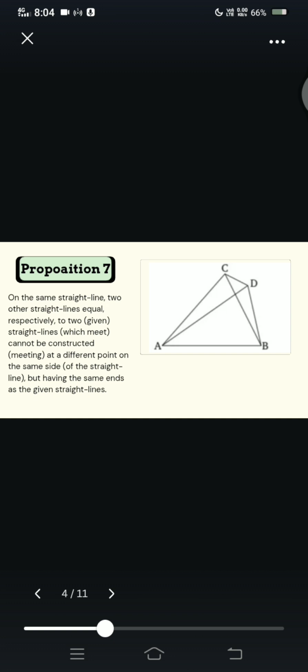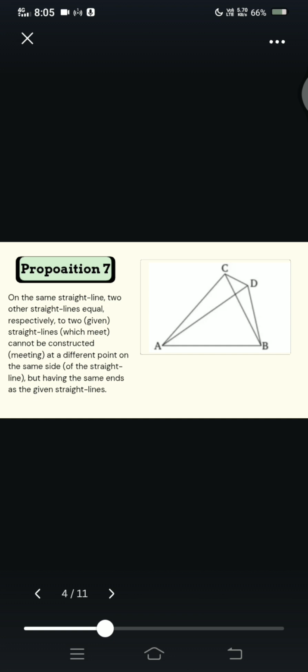To prove this, we will use proof by contradiction. In the same straight line AB, that is our base, suppose two different points C and D. It is given that line AC is equal to line AD, connected to our two points C and D, and also line BC is equal to line BD.